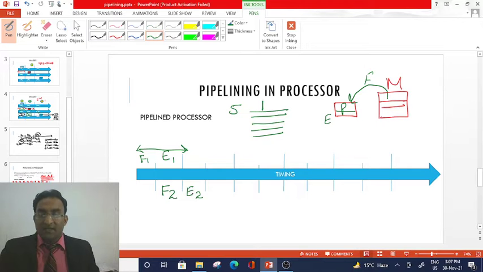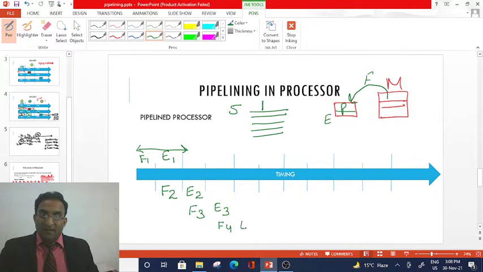So in this cycle, the whole first instruction is over. In the second cycle, when the execution of the second instruction is going on, fetching of the third instruction will begin, and when the execution of the third instruction is going on, fetching of the fourth instruction will begin.